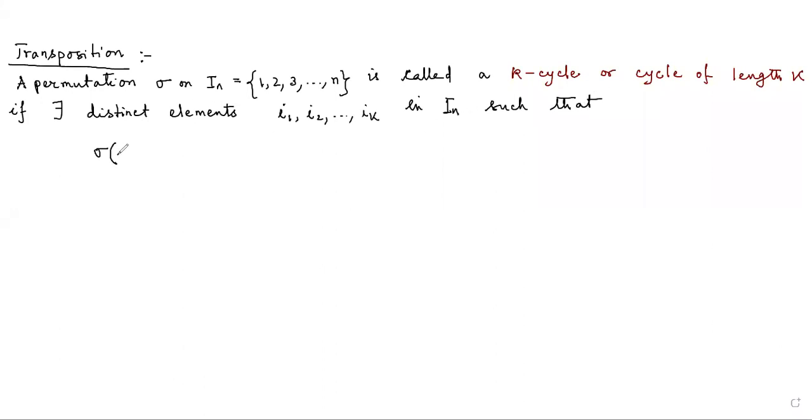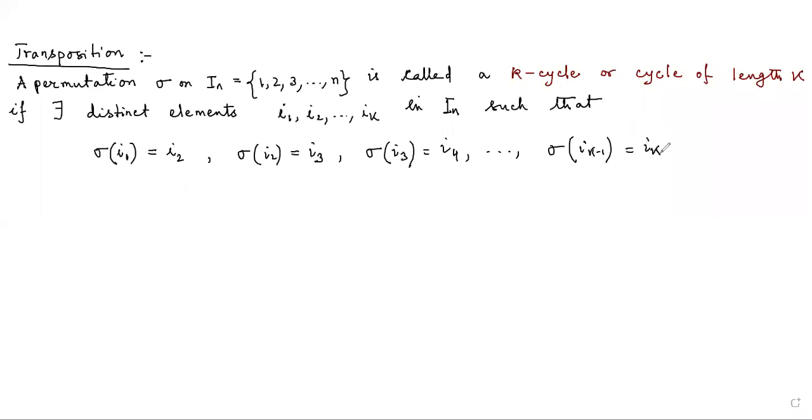when we operate sigma on I1, we get I2. Then if I operate sigma on I2, we get I3. Sigma of I3 gives you I4. And proceeding in this manner, if I apply sigma on Ik minus 1, we will get Ik.